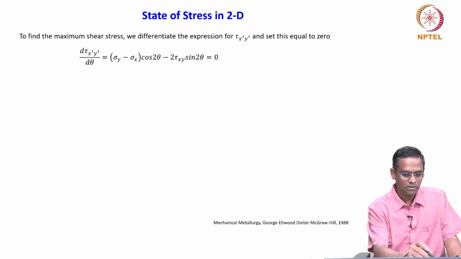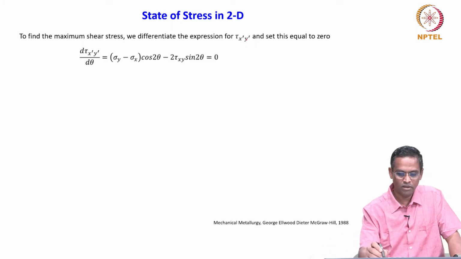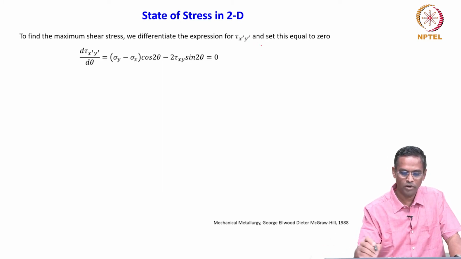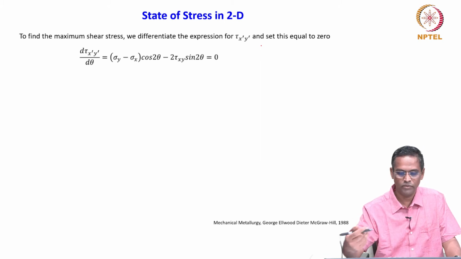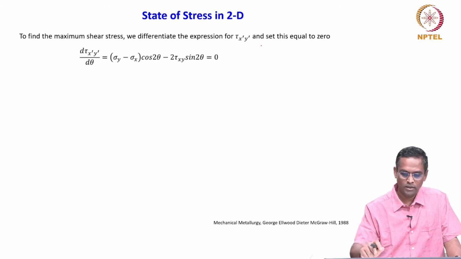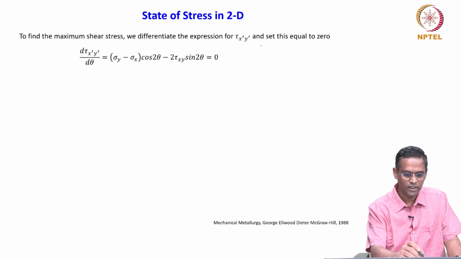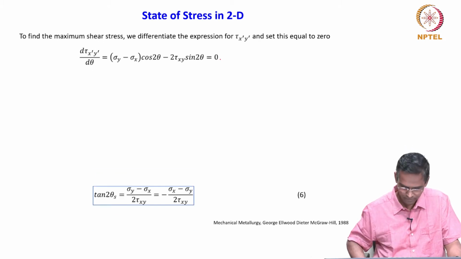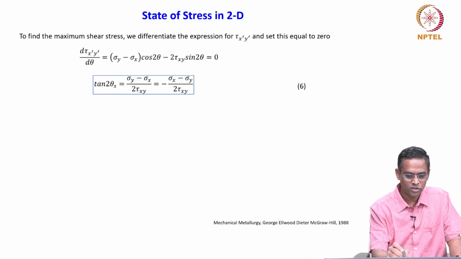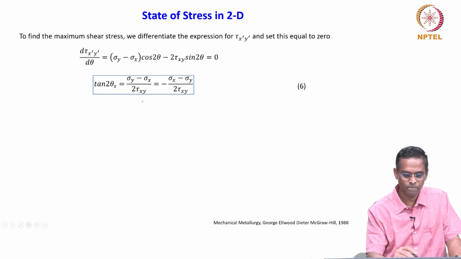To find out the maximum shear stress, we differentiate the expression of tau x prime y prime, the same equation we have been using, and set this equal to 0. So this is what we get, and you can rewrite it in this form: tan 2 theta s is equal to sigma y minus sigma x by 2 tau xy.